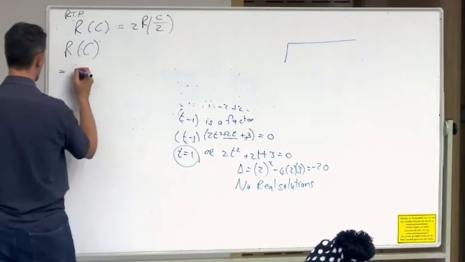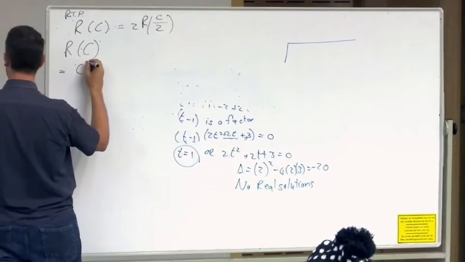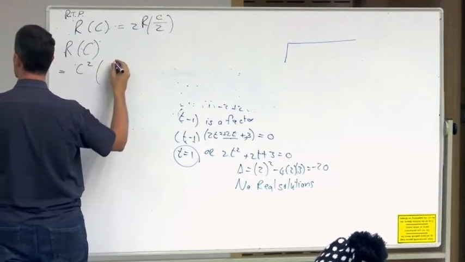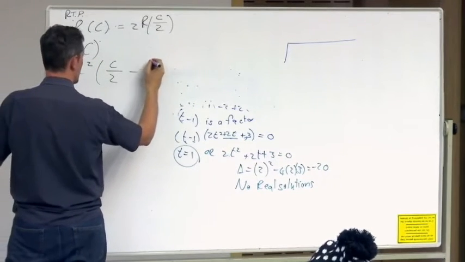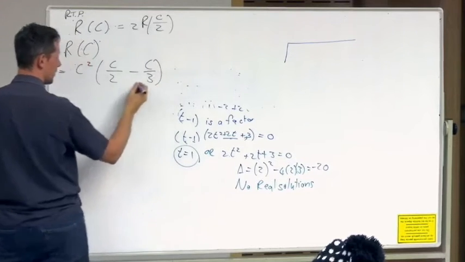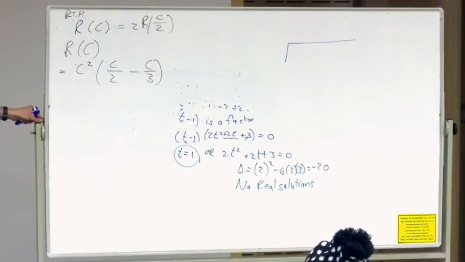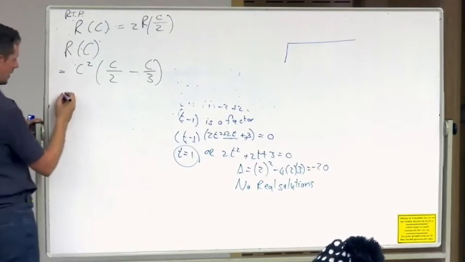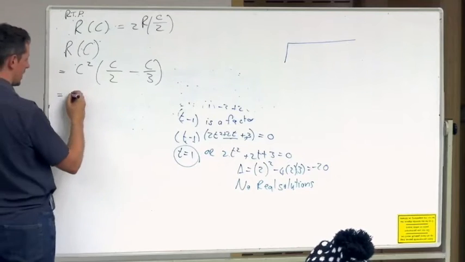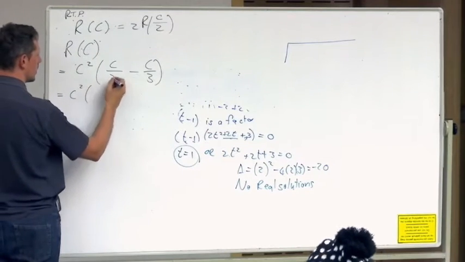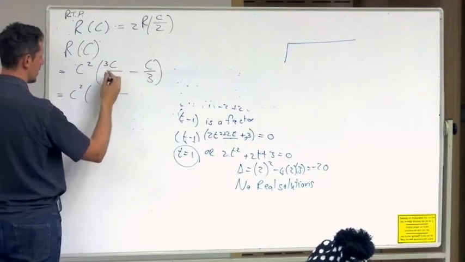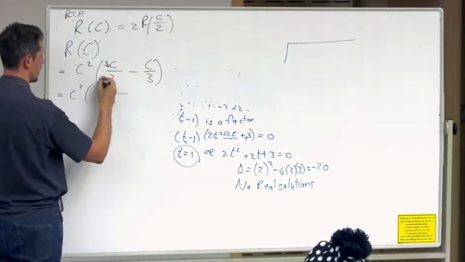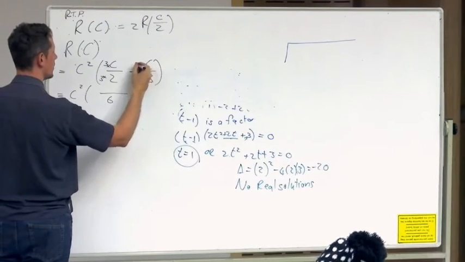So in other words, it's going to be C squared, C remains C, minus C over 3. Now this, if I simplify, if I put it over 6, it's 3 and 2.